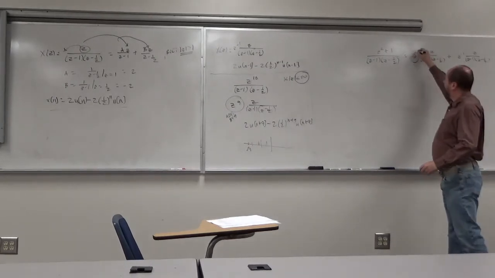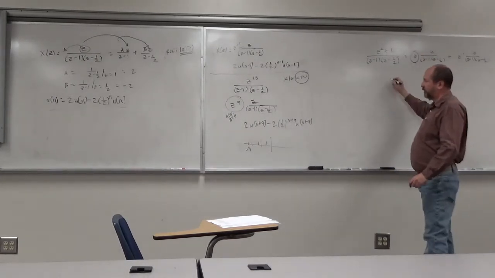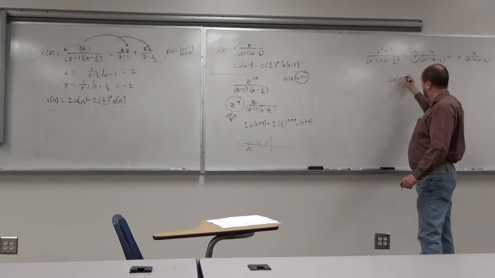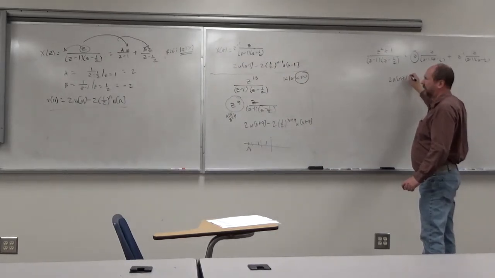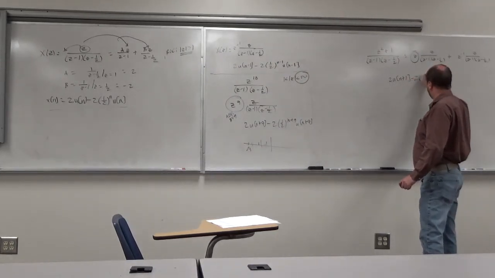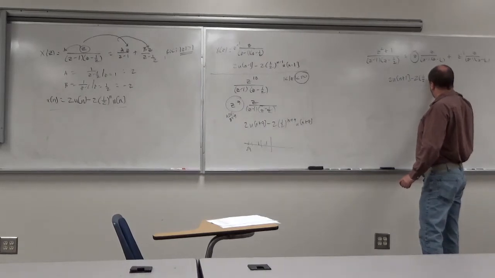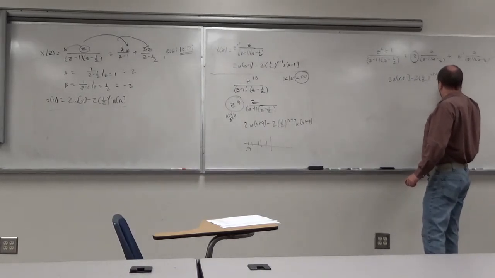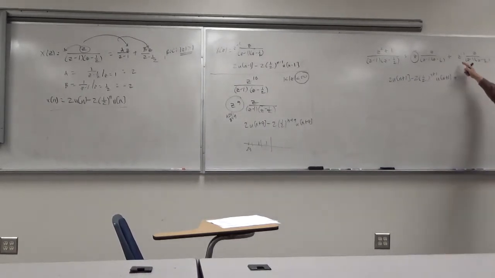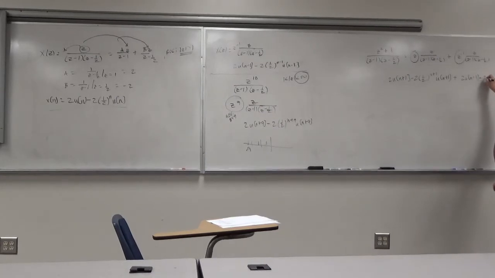What have I got? A z, that's an advance by 1, so it is 2u of n plus 1 minus 2 times 1/2 to the n plus 1, u of n plus 1, plus, what about this one? It's got a delay. 2u of n minus 1 minus 2, 1/2 to the n minus 1 u of n minus 1.